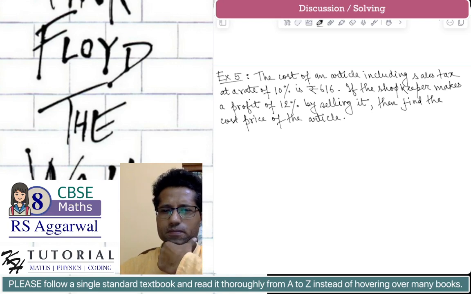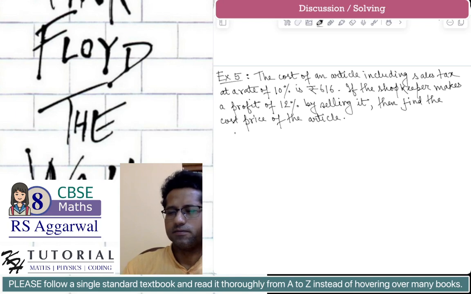If the shopkeeper makes a profit of 12% by selling it, then find the cost price of the article. It is asking at what price the shopkeeper purchased the article.